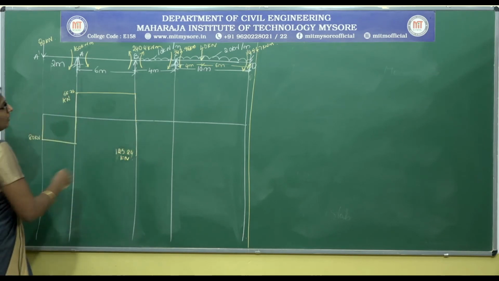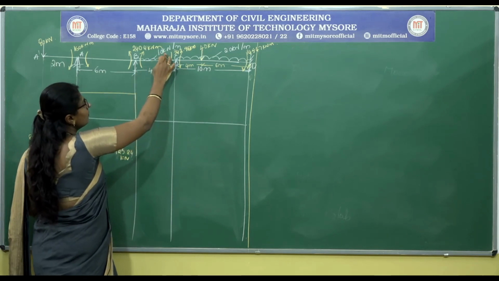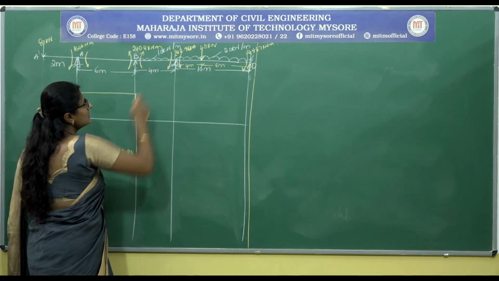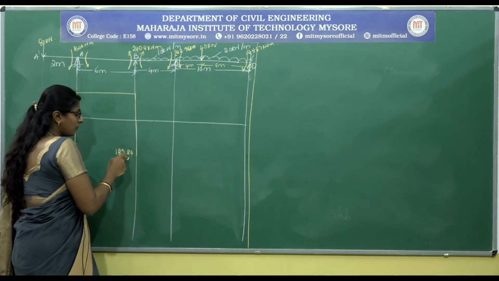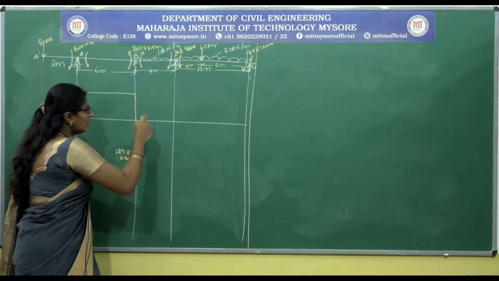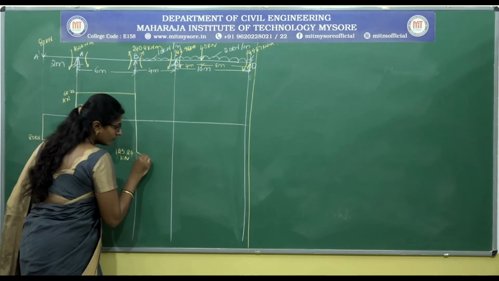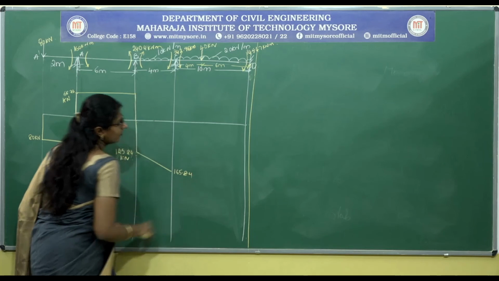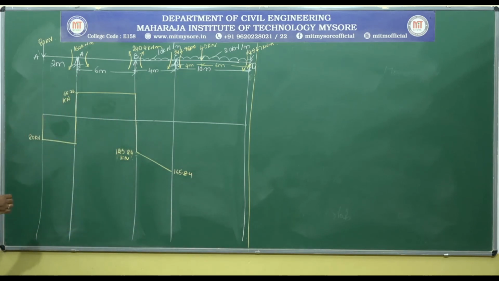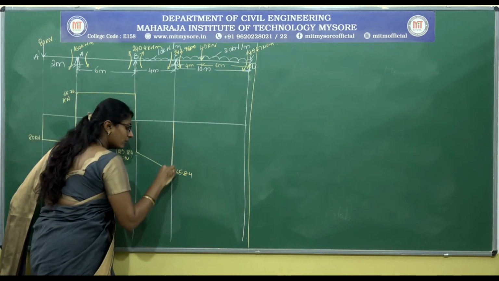So in between B and C, we have a UDL of 10 for a span of 4 meters. So minus 125.84, this load is also acting downward. So minus 125.84 minus 40 will give you minus 165.84. Then the reaction at C, that is RCB, is given by plus 165.84, therefore it is 0.